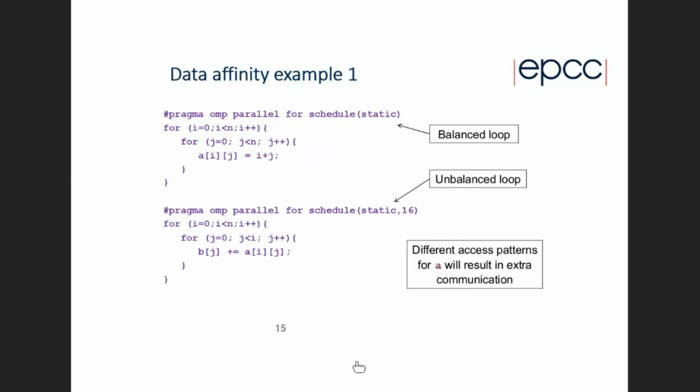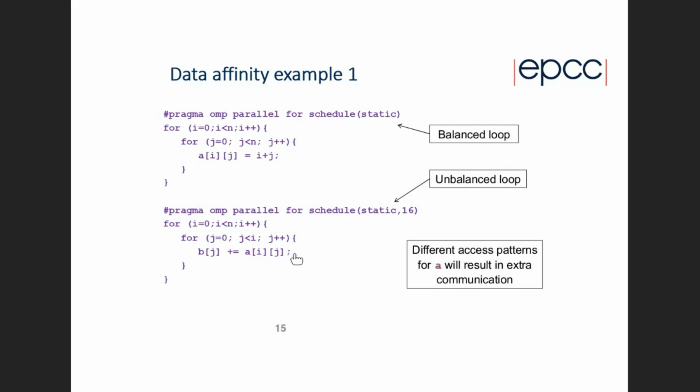Okay, so here's an example. Here I have two doubly nested loops. The important thing to notice is that both these loops access this two-dimensional array A. A gets written in the first loop nest and read in the second loop nest.